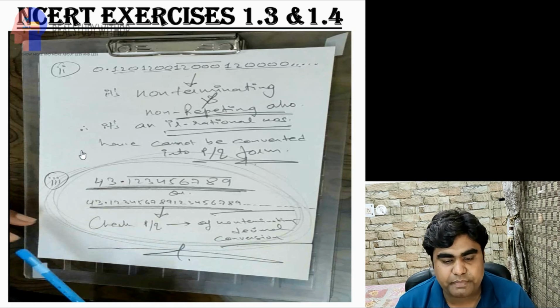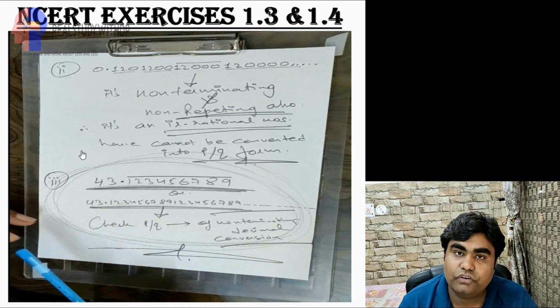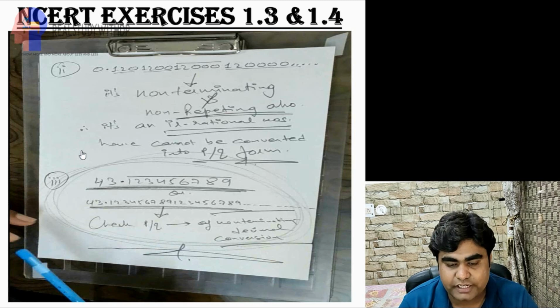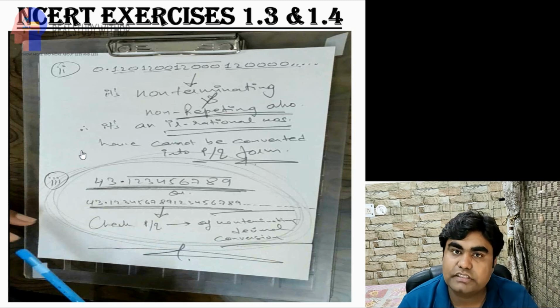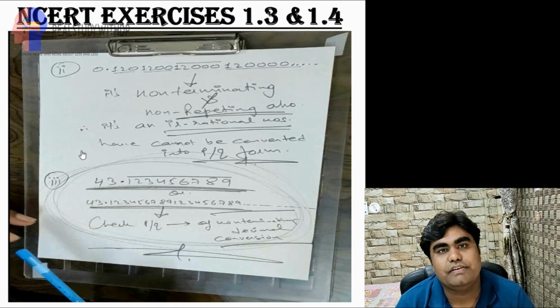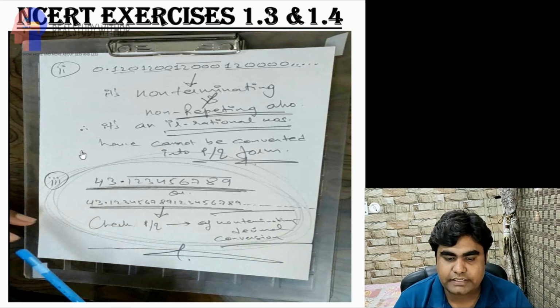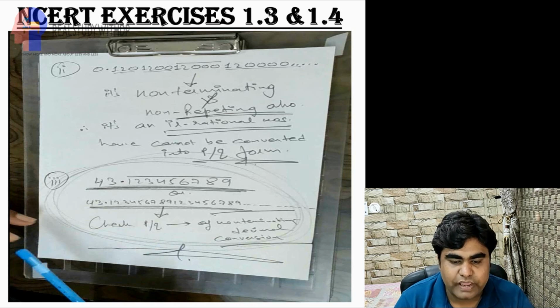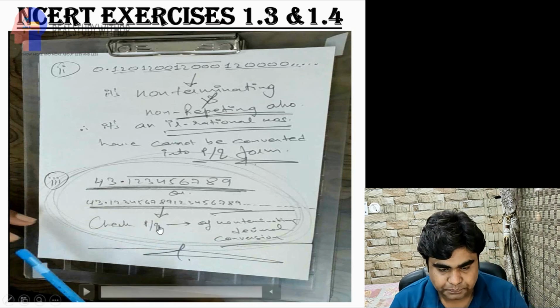That means either it will have only 2 and other numbers as the factor of Q, or it will have 5 with other numbers as the factor of Q, or other numbers will be there, or simply it will have other numbers instead of 2 and 5. So you can write the factor feature of Q also.